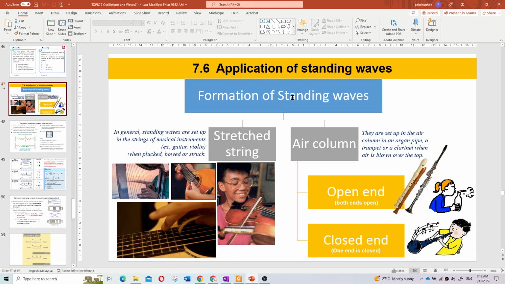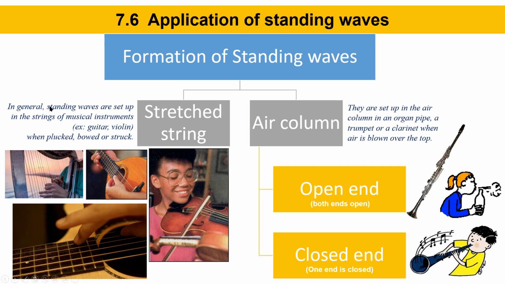So, formation of standing wave. In general, standing waves are set up in the strings of musical instruments, guitar, violin, when plucked, bowed, or struck.